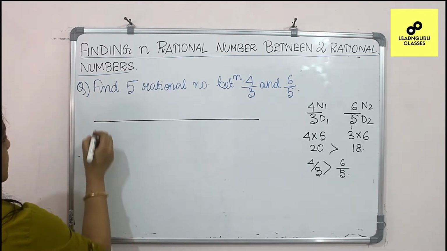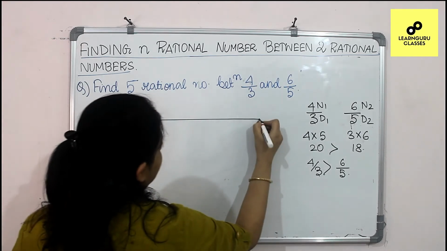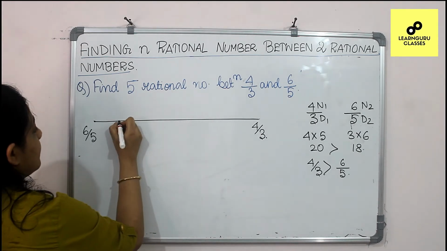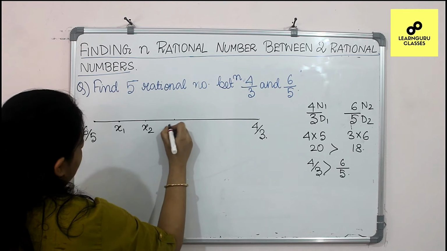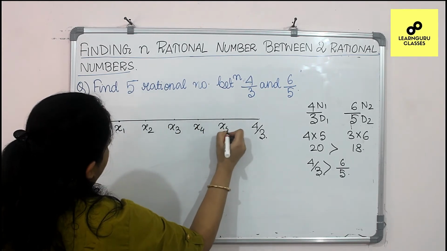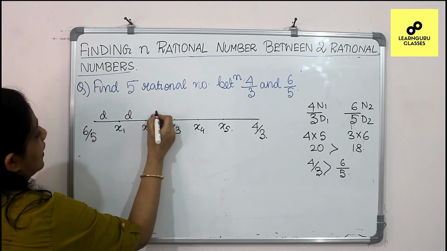Okay, so here we will be placing 6 by 5 and here we will be placing 4 by 3, and in between we will be placing the points x1, x2, x3, x4, x5, and all the 5 points are equidistant to one another.